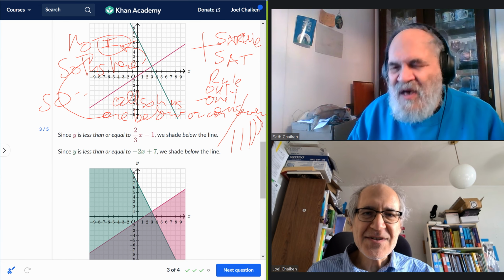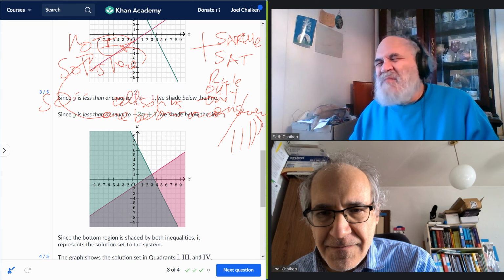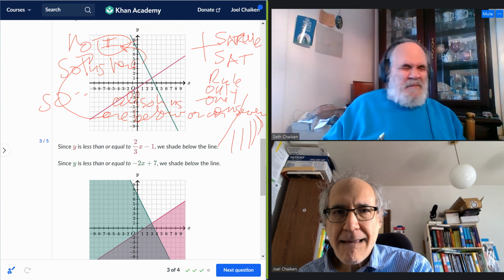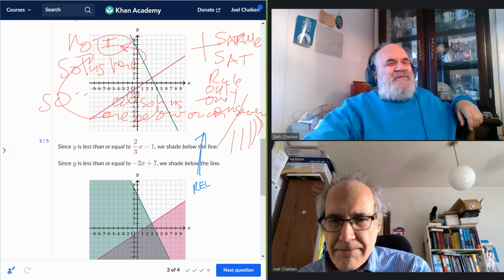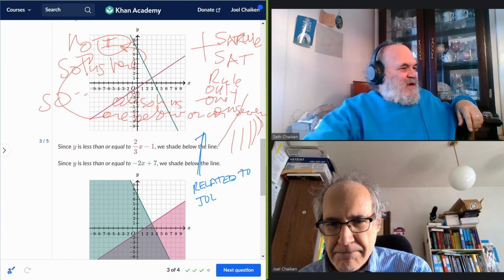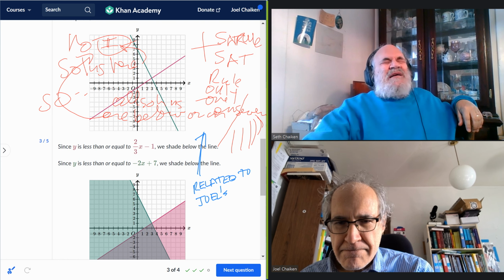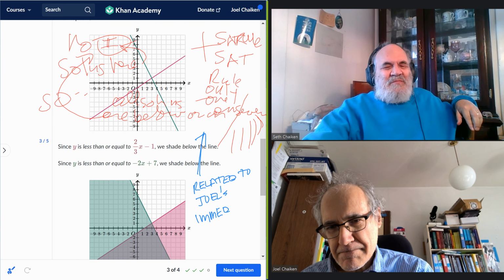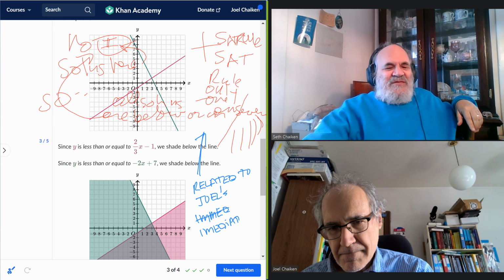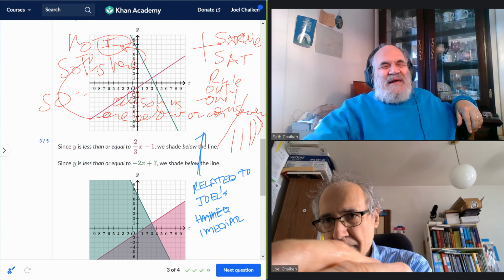My take of it is that in a class, if your teacher gave you a lot of practice with systems of inequalities in the plane, these shortcuts will occur to you much more readily.